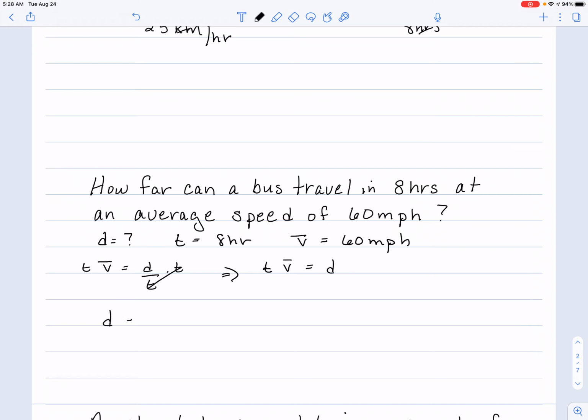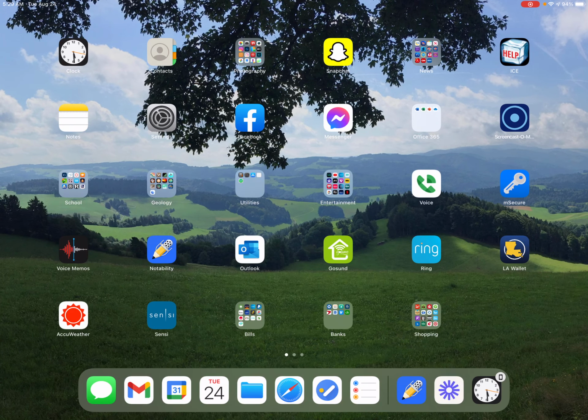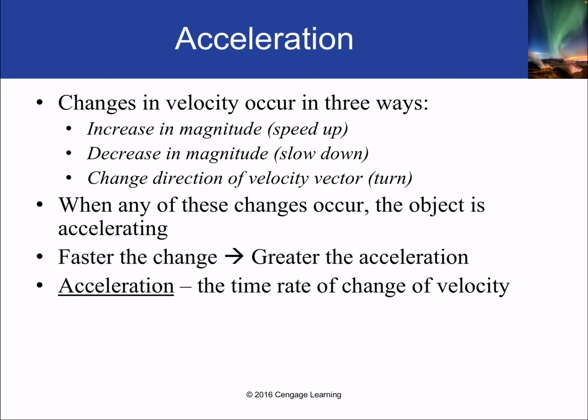So our distance is going to be v, which is 60 miles per hour, and I'm writing it this way so you can see the units are going to cancel, times 8 hours. So notice the hours cancel. My final answer is going to be in miles, and that's going to give me 480 miles.